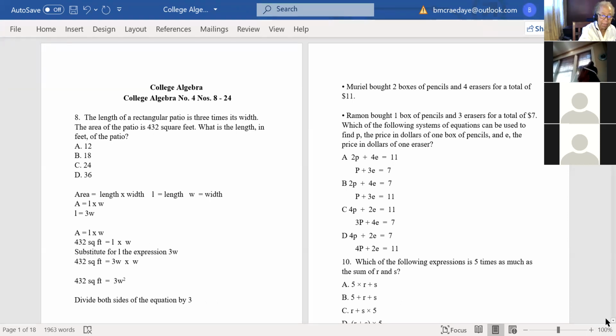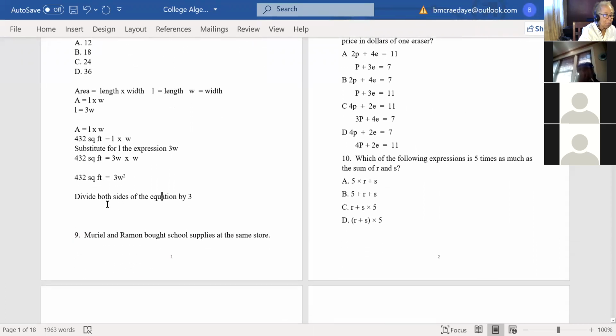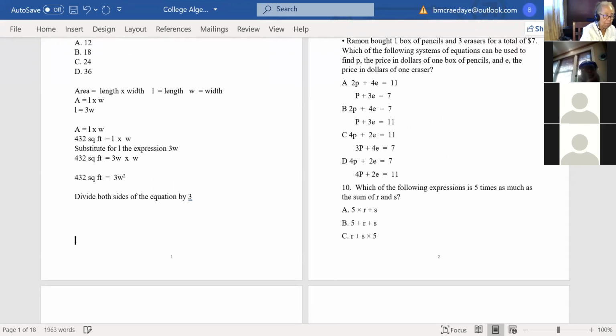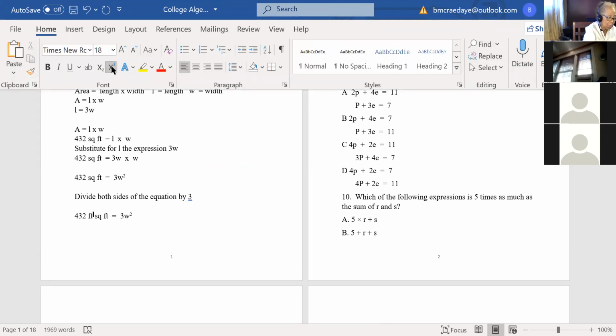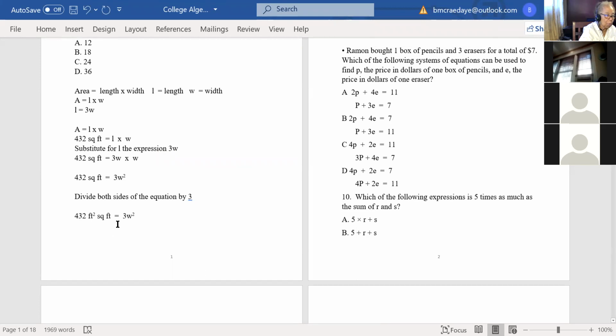So let's do that. Let's put this here and then divide both sides by 3. You'll have W squared left on the right side. Let's put the units as feet squared. It's the same thing, but it makes it a little clearer.